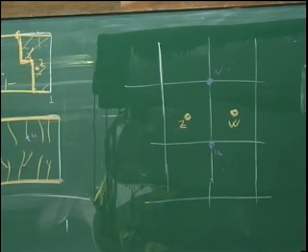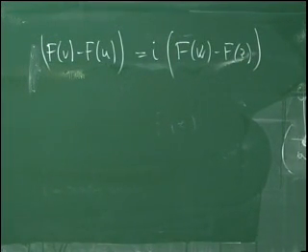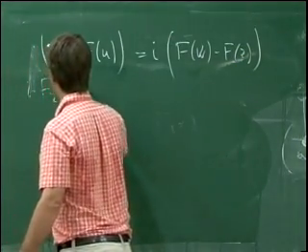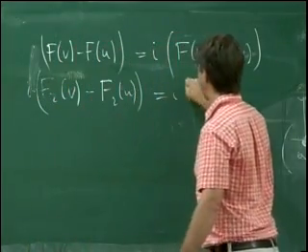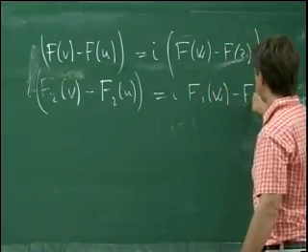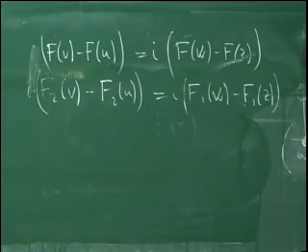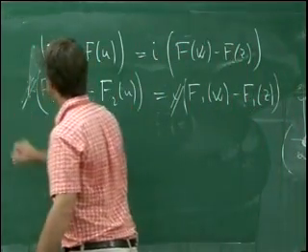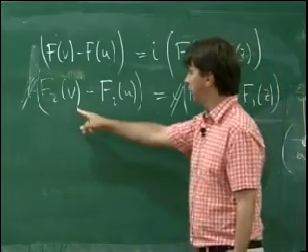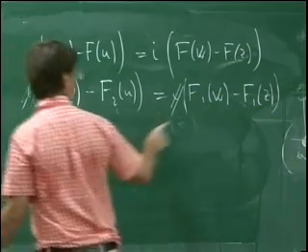Now, for u and v, we just have the function f2, so there is i in front of it. So it's i f2 of v minus f2 of u. And here it's i f1 of w minus f1 of z. So the i's can go away. So we have to compare the difference of f2 functions with the difference of f1 functions.